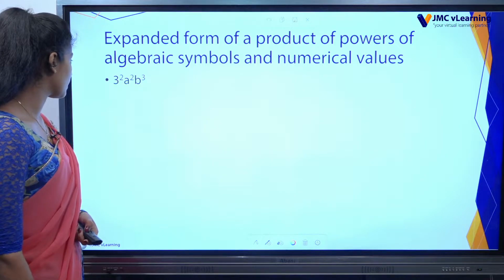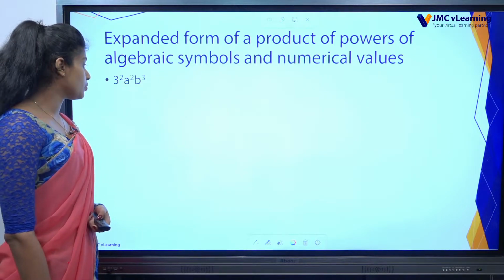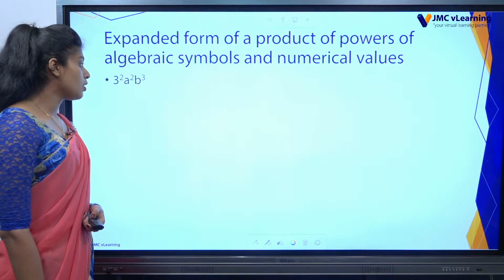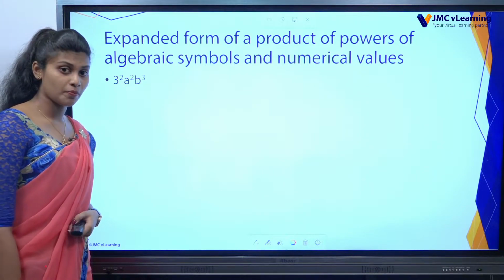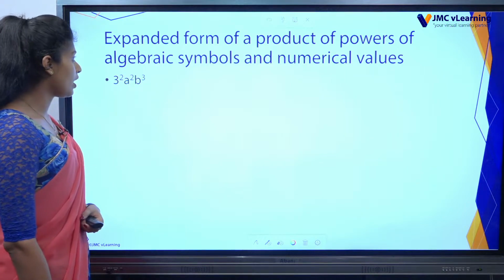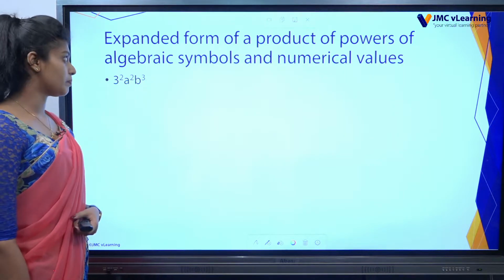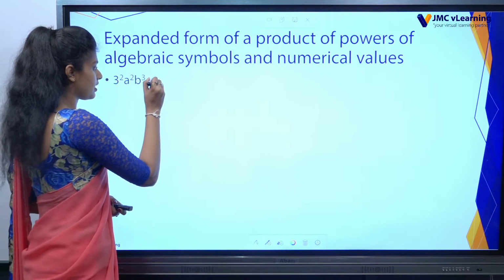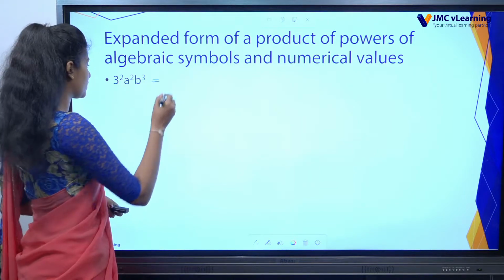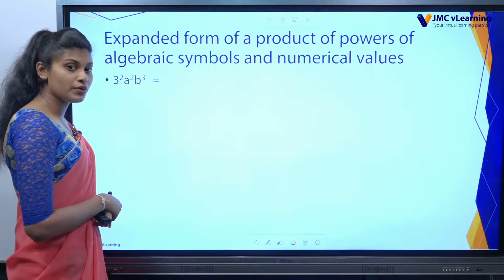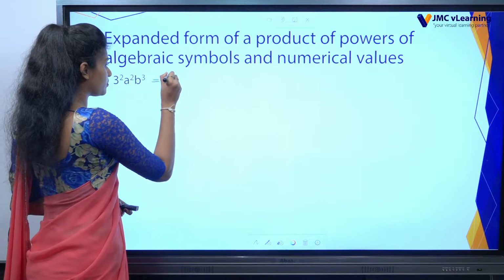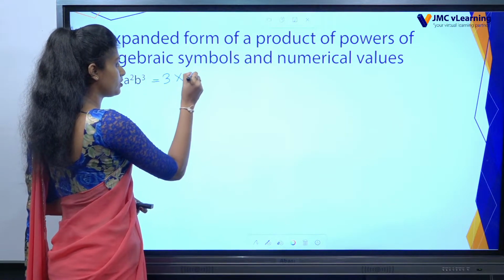Then the expanded form of a product of powers of algebraic symbols and numerical values. Let's see: 3 to the power 2, a to the power 2, b to the power 3. How can you simplify this one? First of all, you have to expand them. 3 to the power 2, what is the meaning of it? 3 you have to multiply 2 times: 3 into 3.